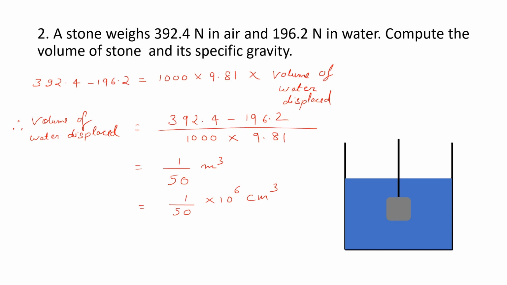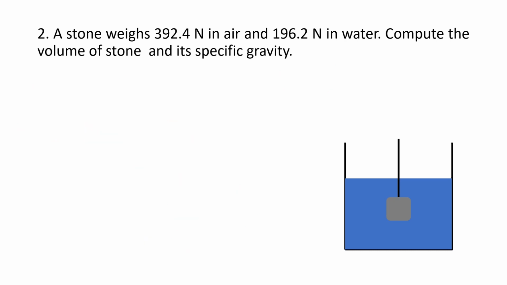Converting to centimeter cube, it is 1 by 50 multiplied by 10 to the power 6 centimeter cube, which we can rewrite as 2 multiplied by 10 to the power 4 centimeter cube. This will be the volume of the stone, because the volume that the stone covers is equal to the volume of water displaced.